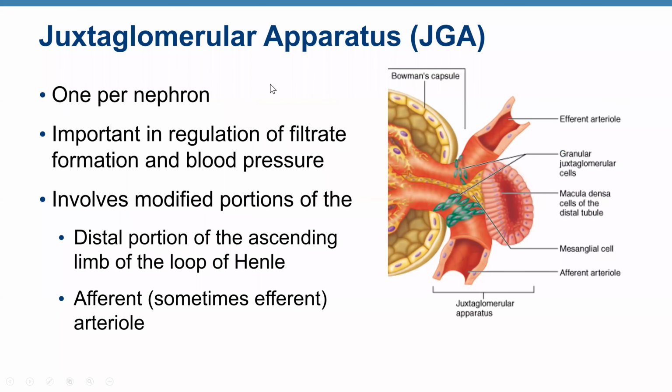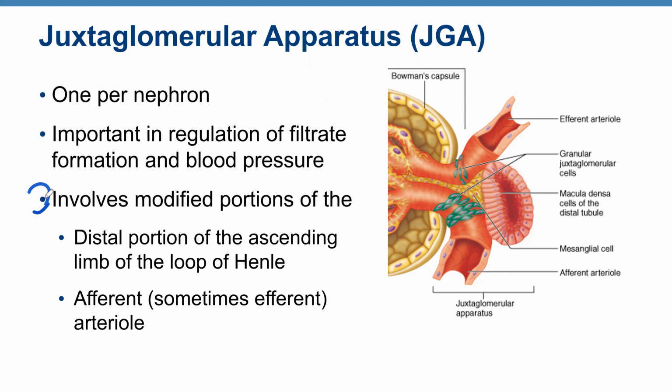Now, what is JGA? It's juxtaglomerular apparatus. It's a very special structure, one per nephron. This apparatus is important in regulation of filtrate formation and blood pressure.